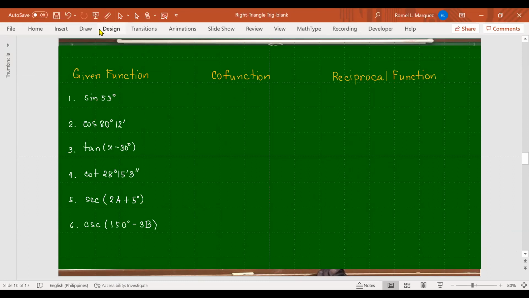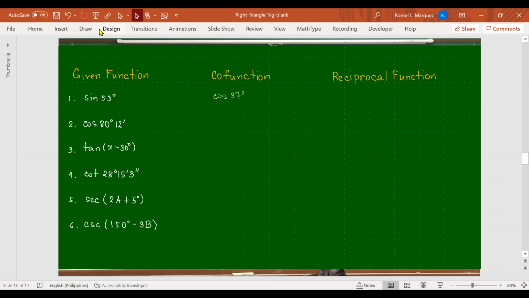So we have sine. What is the cofunction, children? Cosine 37 degrees. Okay, so we have 37 degrees. Are you sure it adds up to 90? Yes po.